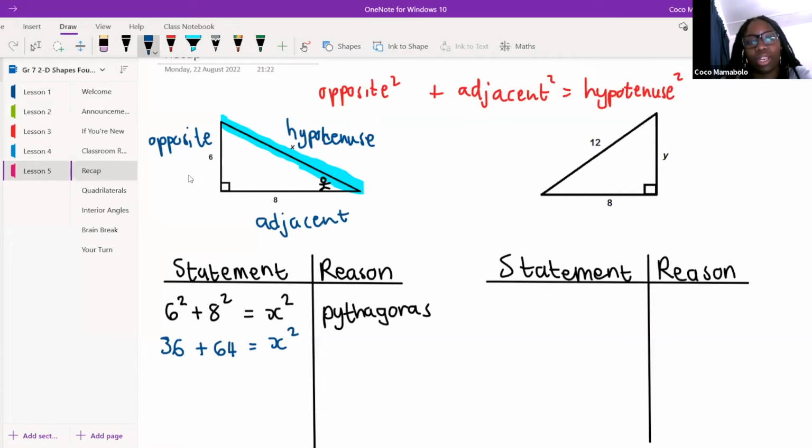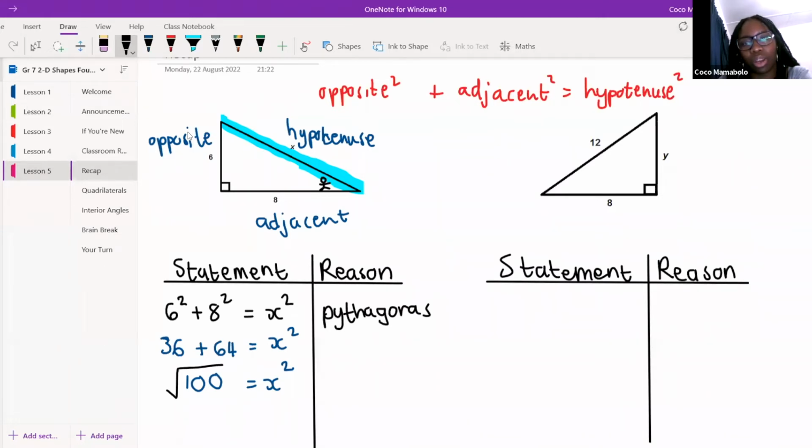Now we have to take the two numbers and add them together. What is 36 plus 64? Do some quick mental maths. Good stuff, Jaria and Smita and Keisha. It's 100. So 100 is equal to x squared. Now we're going to go onto our calculator and look for that square root sign.